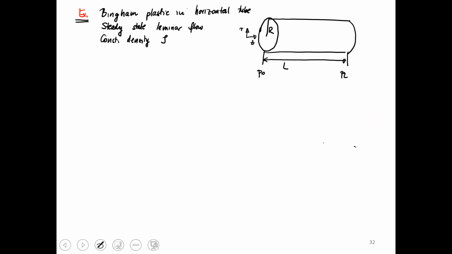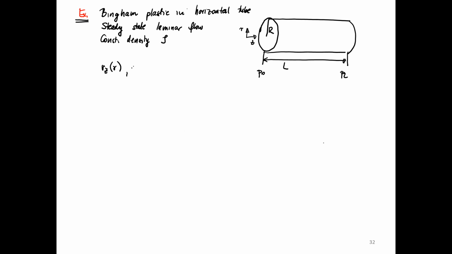I'm not going to rederive the Z momentum balance, okay? We still have an assumption that only my VZ velocity is non-zero because I have this pressure difference in Z direction that is driving the flow. Obviously, I can have pressure differences only in Z direction, so my pressure depends on Z, and only my VZ is non-zero, okay? So VZ is a function of R. I don't have anything driving the flow radially, right?